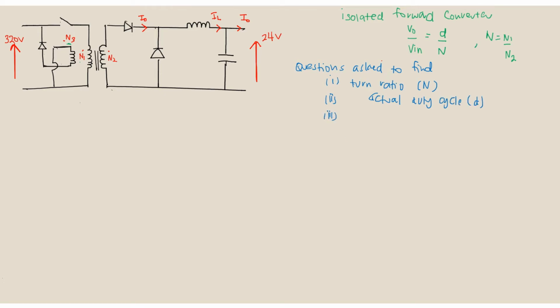Third, the value of L, the inductor, this guy here. And number 4, you are required to find the peak transistor current. The transistor here is the switch, so I use the symbol I_SP.